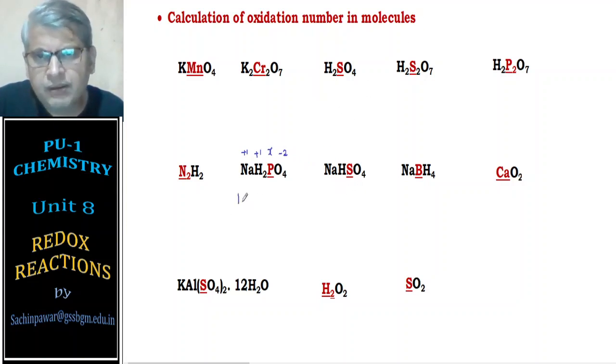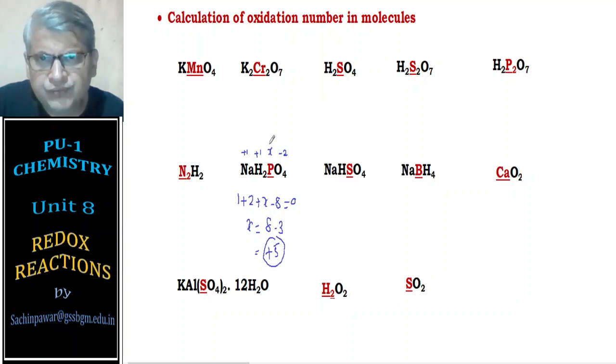So 1 plus 1 into 2 is 2, plus X, minus 2 into 4 is 8, equal to 0. So X will become equal to 8 minus 3, that is +5. So in this molecule, phosphorus is in +5 state.